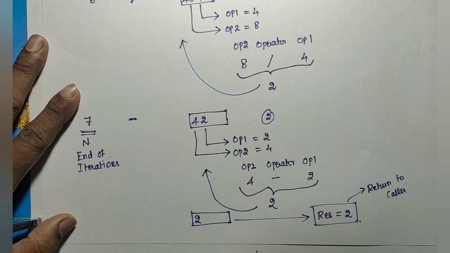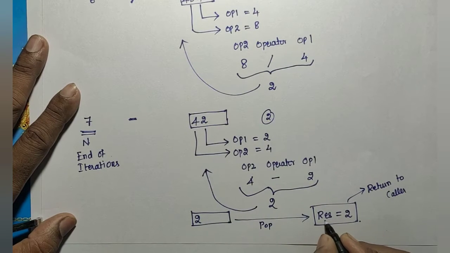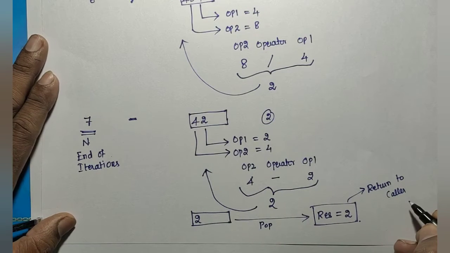We have to pop and return the result. So the 2 will be popped. If you apply that pop, the res will have the 2 that needs to be returned to the caller.